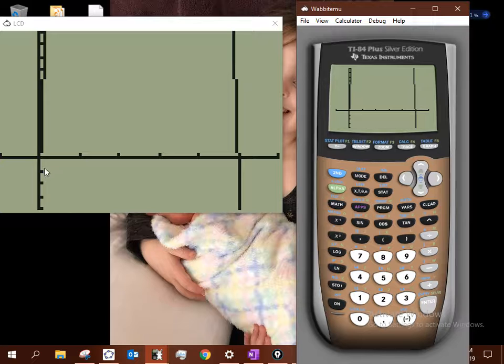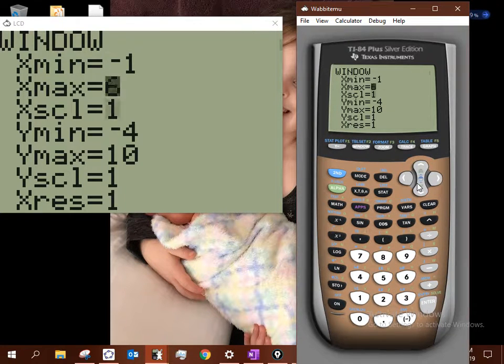Now, my scale is still by 1. So that's 1, 2, 3, 4 in the negative direction, and this goes to 10. I want it to go to a Y maximum of at least 92. Let's go up to like 120. Now, if I leave my Y scale at 1, I'll show you what the graph does here.